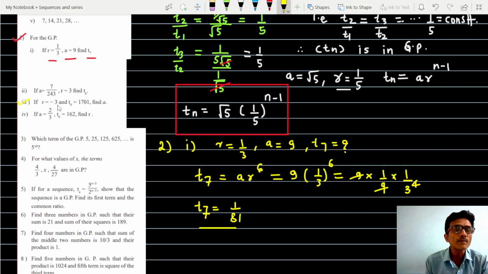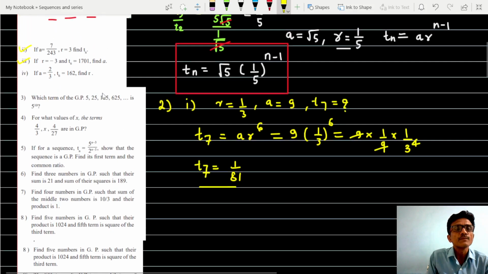Then the next question. This second sub question: R is given as 3, A is 7 upon 243, and we have to find T6.